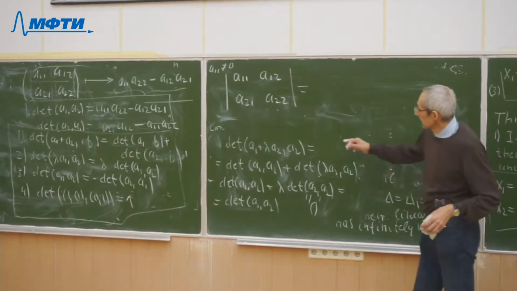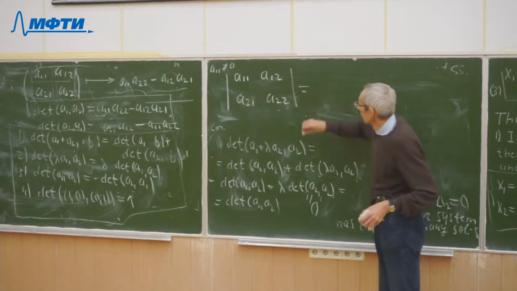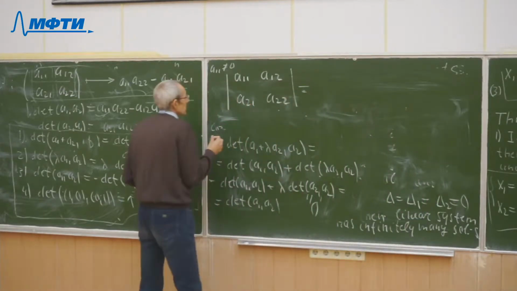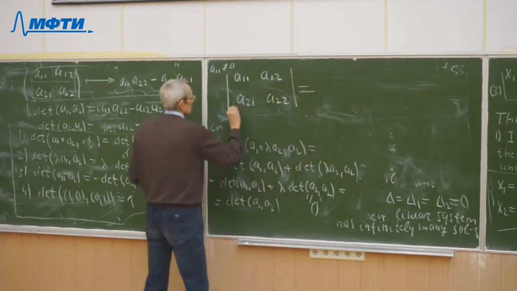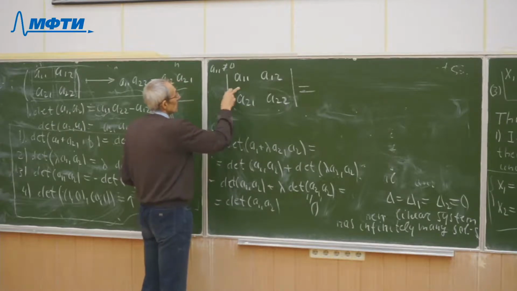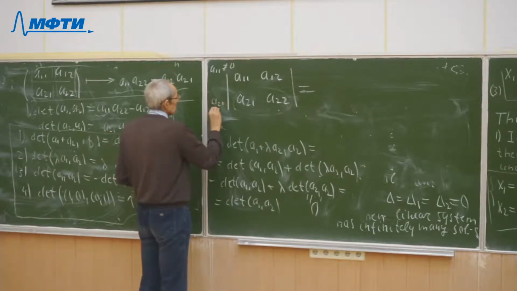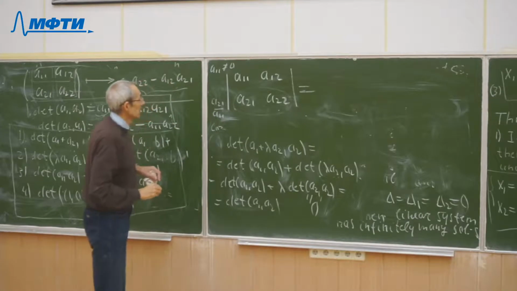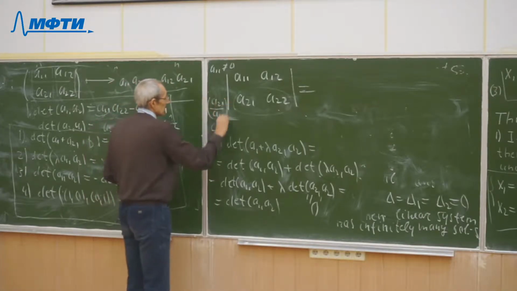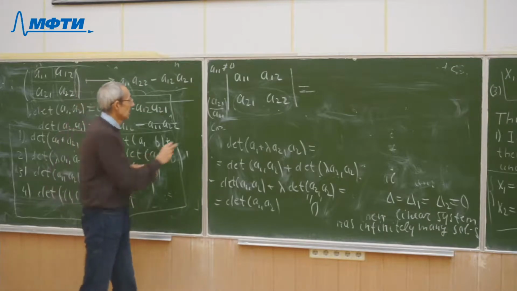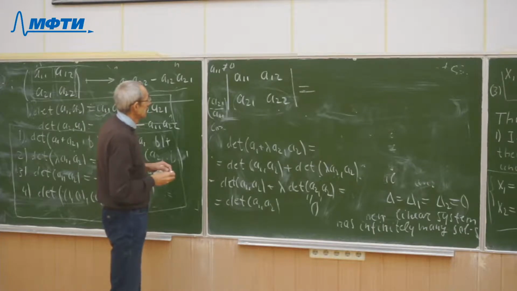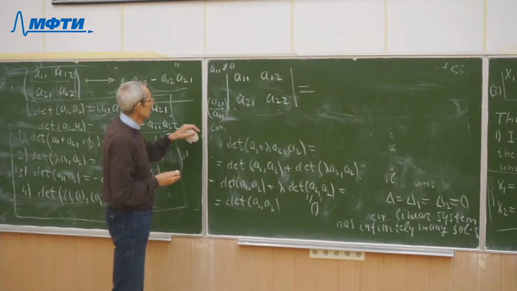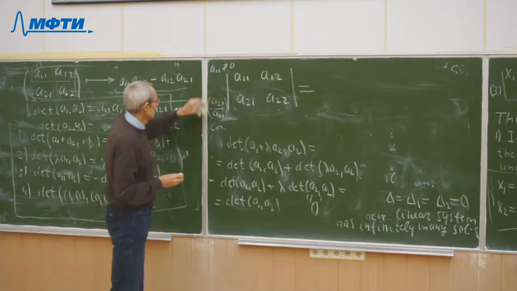And we will use this property and rewrite our expression in the following form. We can add to the second row the first row multiplied by the ratio A21 to A11, with minus sign.